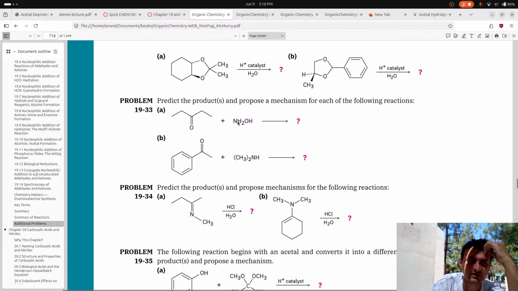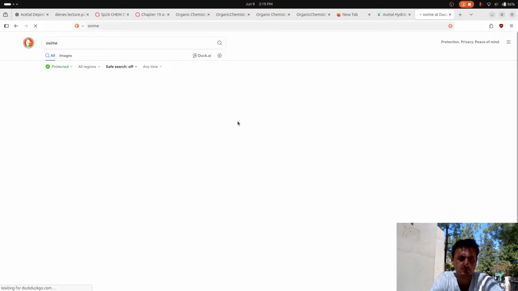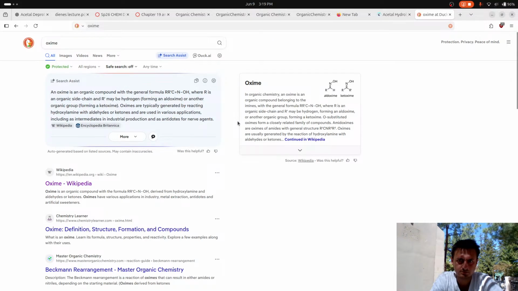There's a special name for these. It's like an ochem or something, right? I think an ochem. Yeah, it's an ochem or aldoxime or ketoxime.